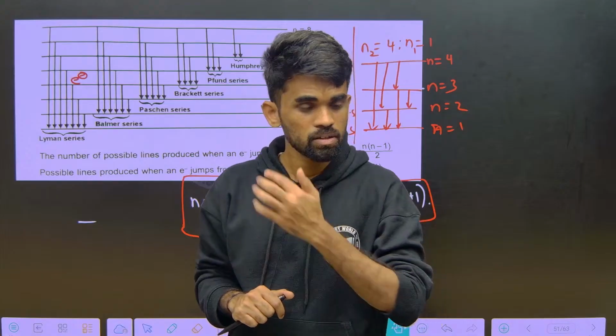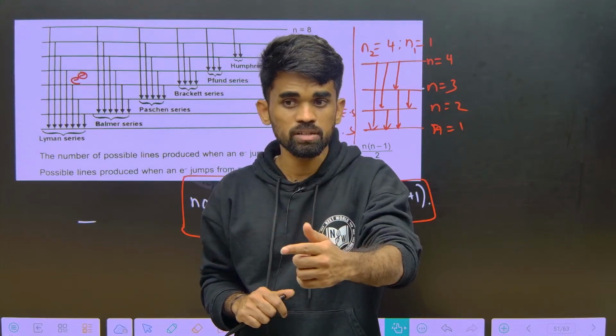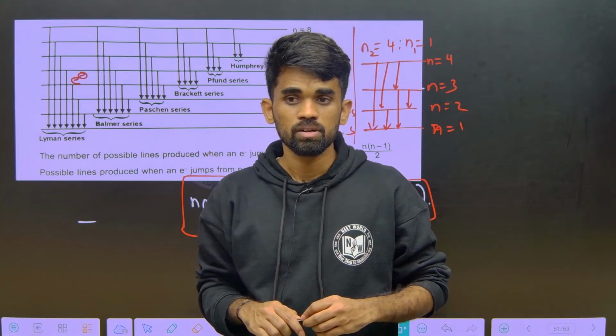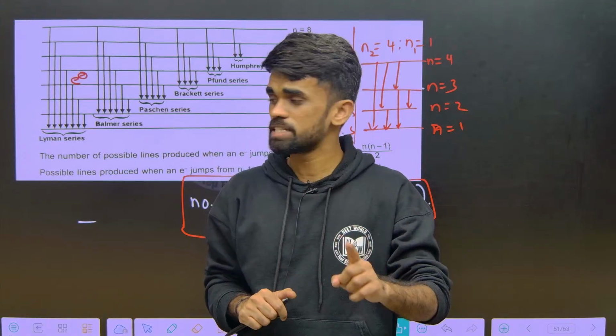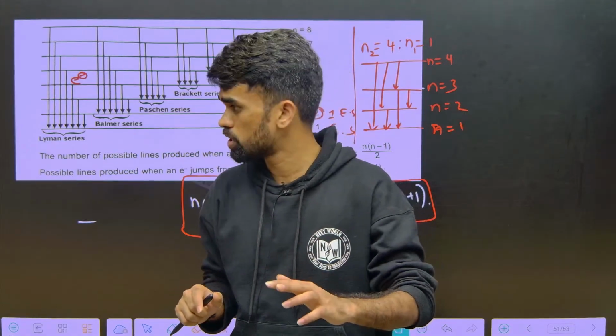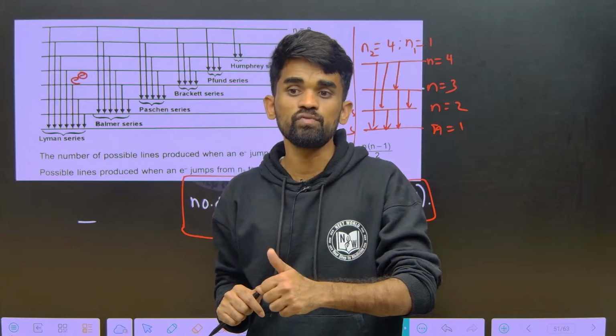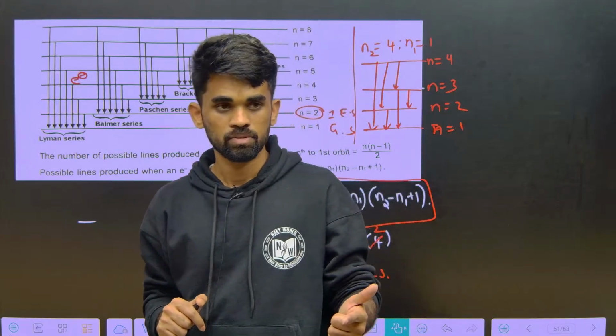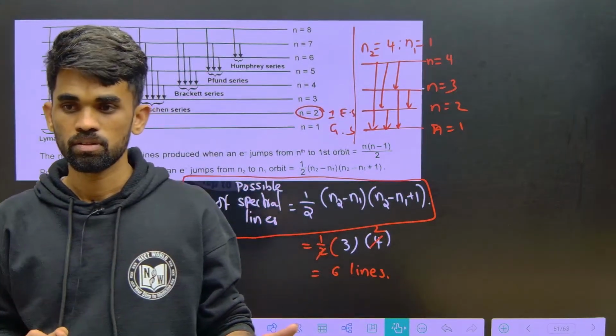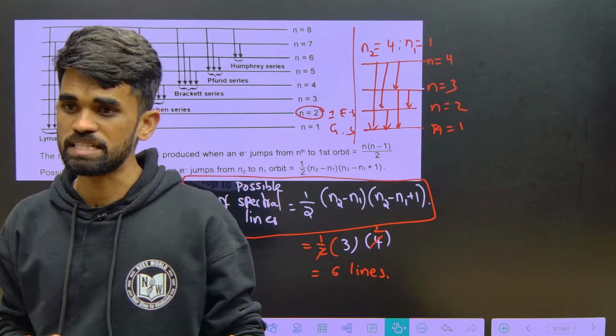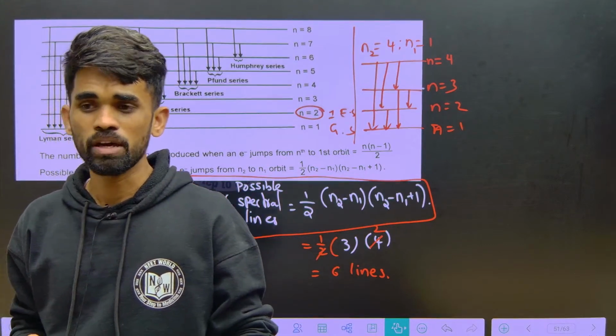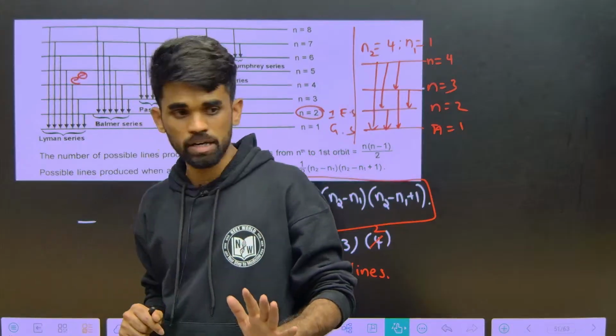Done? Again one more question. Fifth energy state to first energy state, that is done. Second question you can write: fifth energy state to first excited state. Okay? I know you are able to do that.